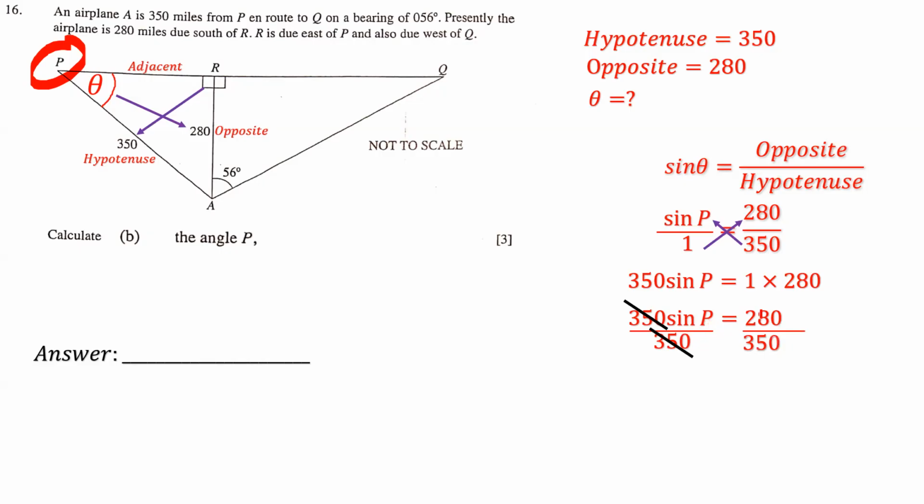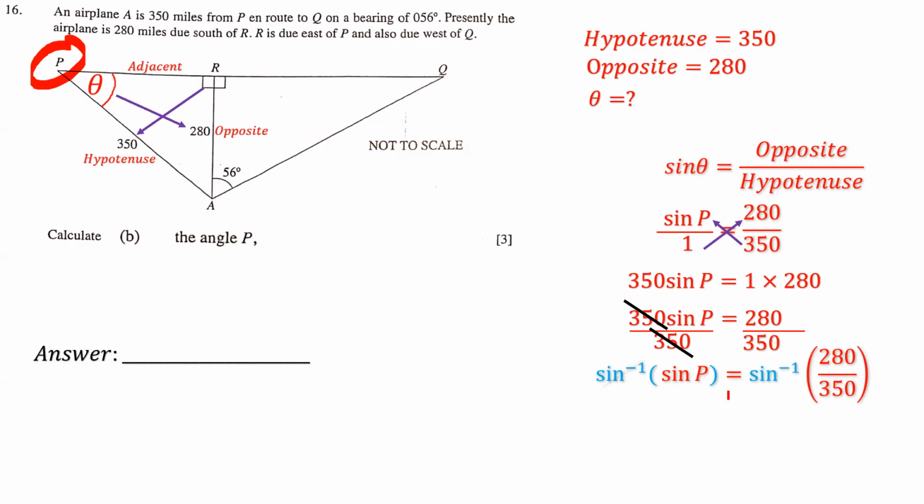Okay, so we are left with sine P equal to what? 280 divided by 350. But what we have to do is the sine inverse of both sides because we want to eliminate the sine because we just want P. So at this point, I'm going to do the sine inverse of both sides because I want to eliminate the sine function and just have P. So again, sine inverse of sine P is equal to sine inverse of this side as well.